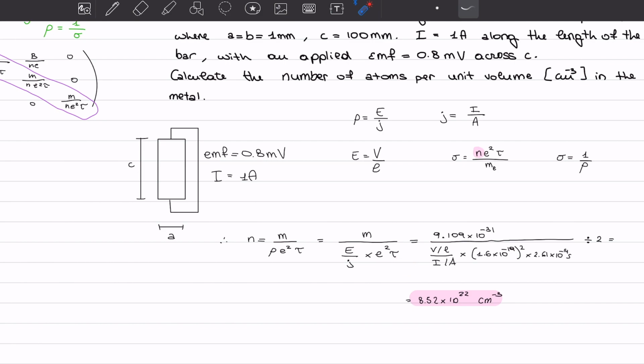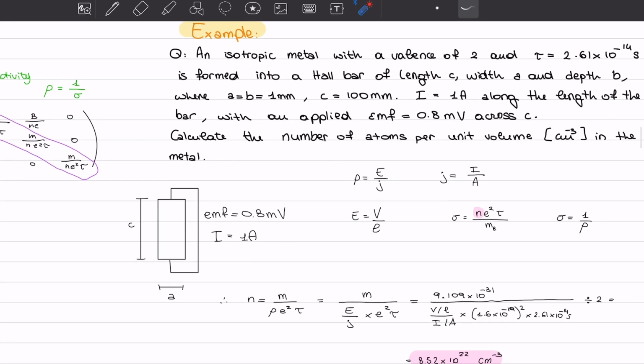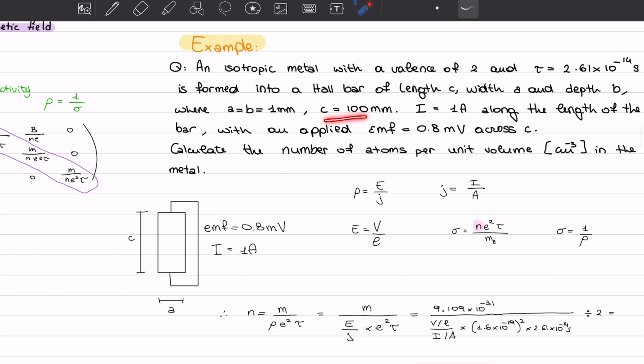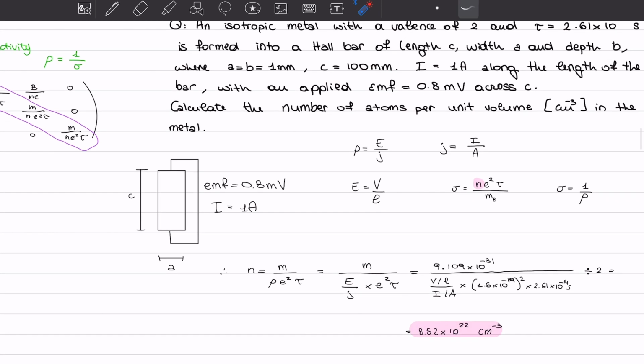Now, we need to make sure that we put everything in standard units, so SI units. So I use kilograms for the mass of the electron, and volts for EMF. When we have it here, EMF, remember to get everything in SI units, also this, and everything else as well.